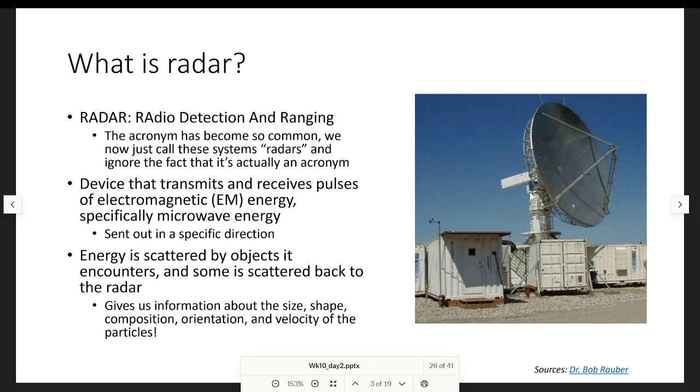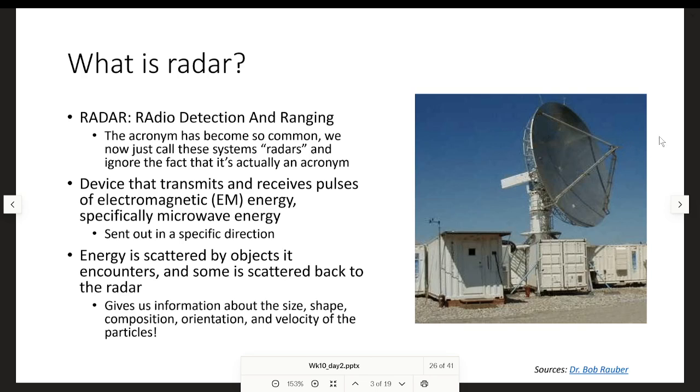So, it's this device here, and at this point, it transmits a pulse of electromagnetic energy, specifically microwaves, sent out in a specific direction. These microwaves hit something, like raindrops, and some of it is scattered back to the radar.